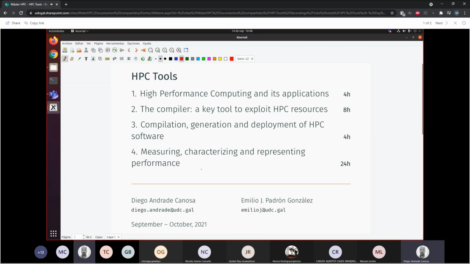And the idea is that it's like a transversal subject where you are going to learn how to evaluate the performance of one application, how to detect which are the main hotspots of one application. The hotspot is the part of a program where you spend most of the execution time, okay?